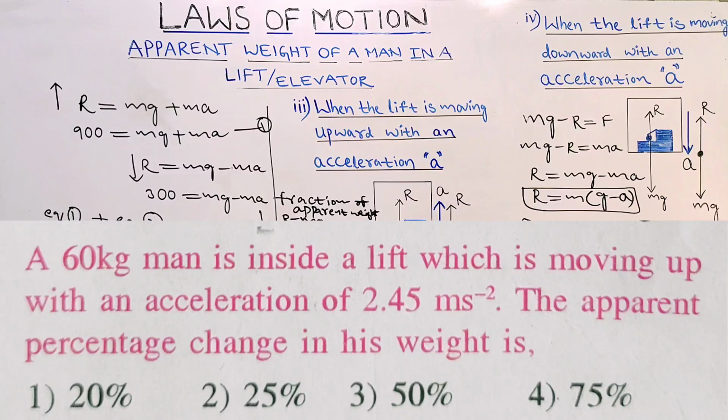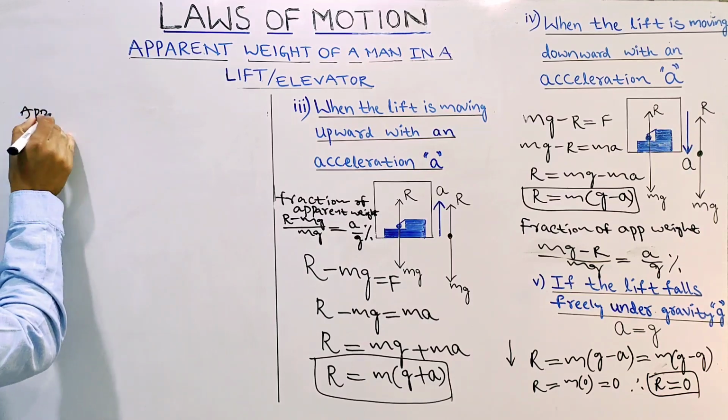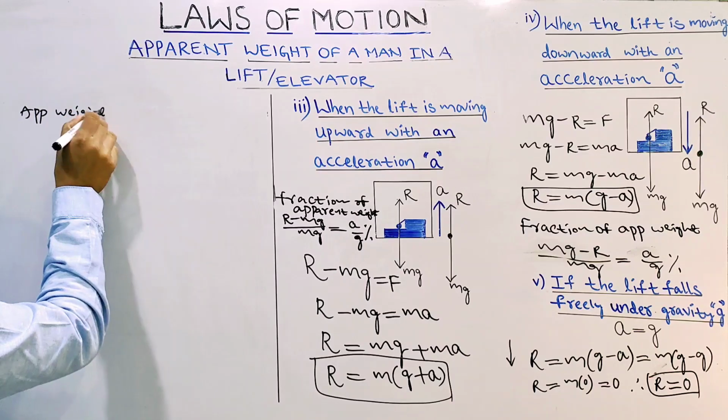A 60 kg man is inside a lift which is moving up with an acceleration of 2.45 meters per second square. The apparent percent change in his weight is. So they are asking the apparent weight in percentage.